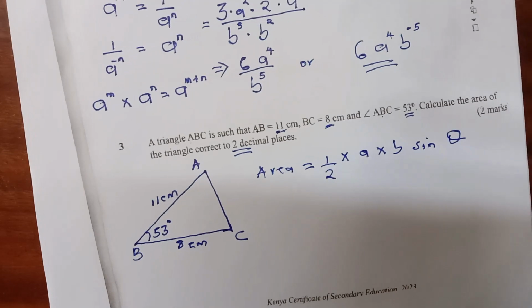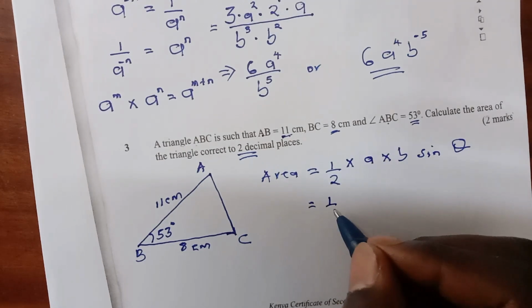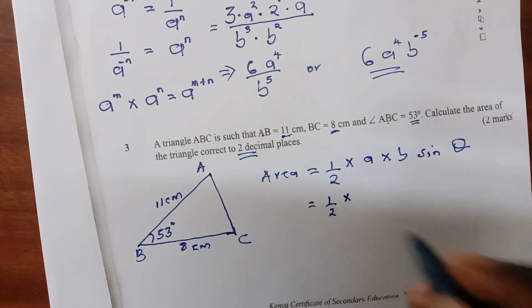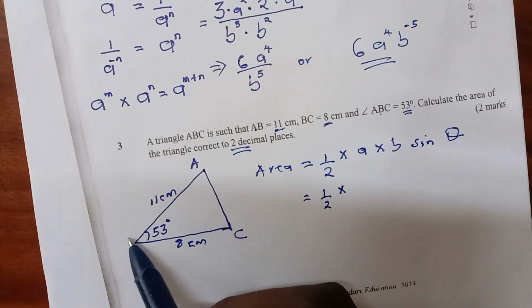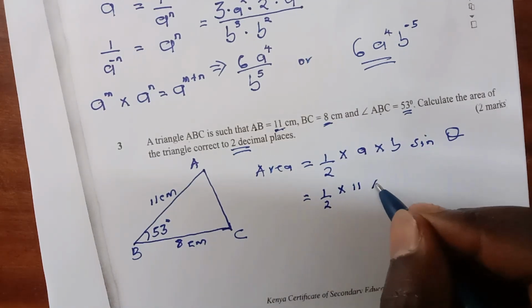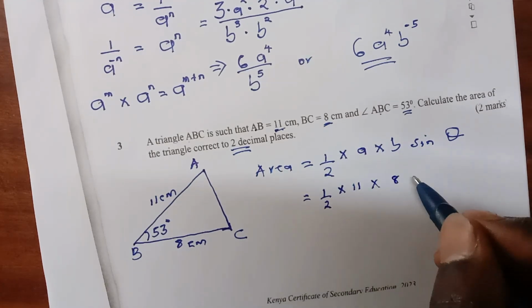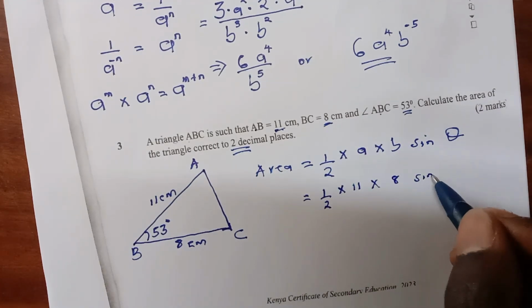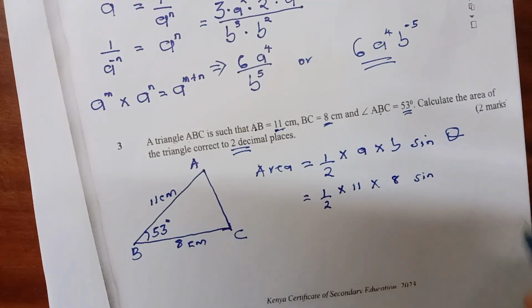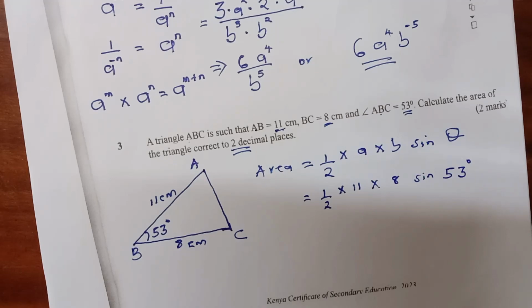So from this, we can see that this is going to be a half multiplied by A, you can say A is our side that has 11 centimeters, then multiplied by B, our side that has 8 centimeters, then the sine of the angle between the two sides, which is going to be 53 degrees.